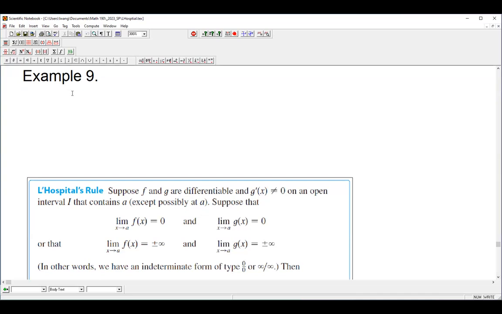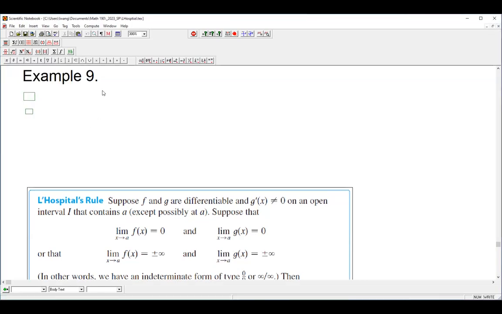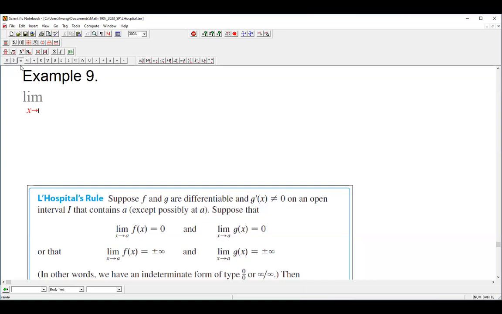The limit goes like this, as x approaches positive infinity, we have x raised to the power of 3/2 and sine of 1 over x.